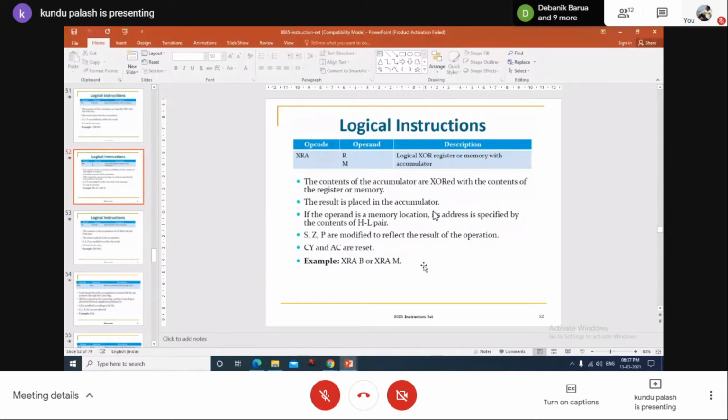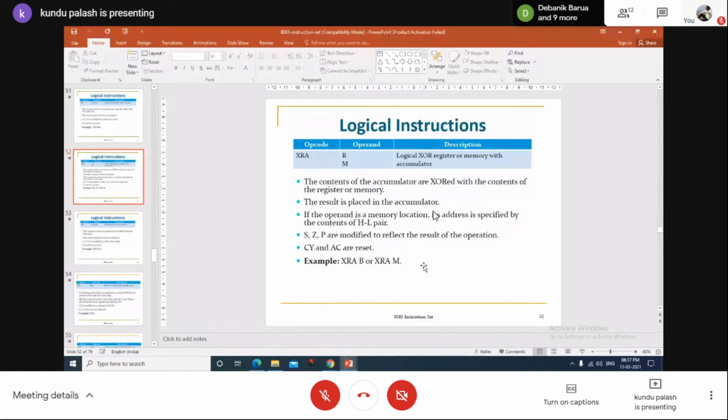So these are the 8 branching operations if the conditions are set. But if it is NC, that means no carry, that means the carry flag is reset. So JNC stands for jump if no carry. JC stands for jump if carry. Similarly, JZ, JNZ.